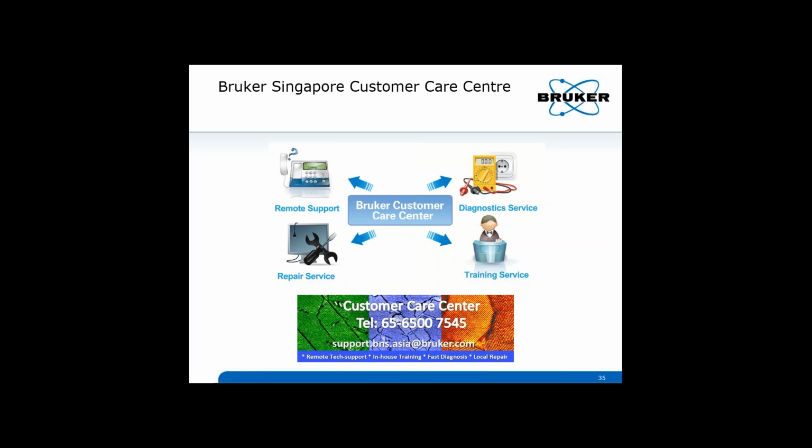If you have bought the CAFM or tuner option, you are able to do the CAFM and tuner measurement using the older application modules, which are the CAFM or tuner module. But if you want to do the PeakForce tuner, you need to buy the Dimension Icon system or the Dimension FastScan system, plus the PF tuner option. So if you want more information about the new system and the PF tuner module, please feel free to email us or contact our salesperson. We will follow up with you.